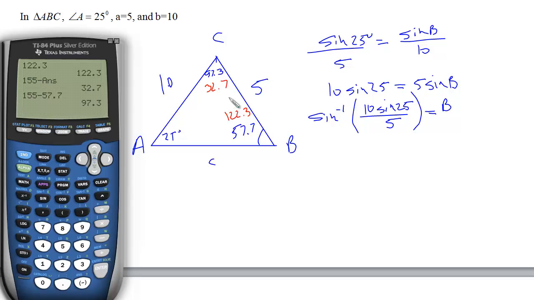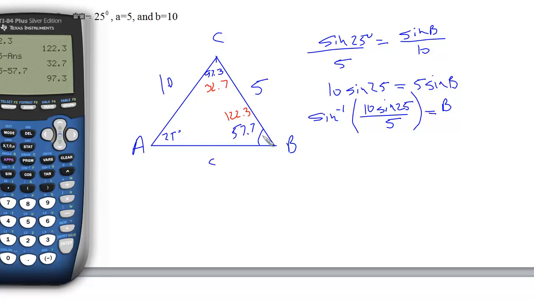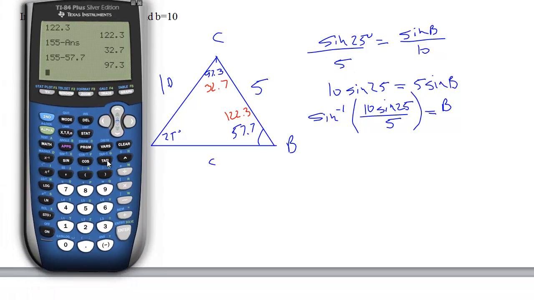So let's go ahead and find the missing side lengths, depending upon which angle this is. And since I found B here, I can verify which one of these it's going to be. I can do that essentially by using this ratio here, because it had better be the same. So if I know that the sine of 25 over 5 needs to be equal to the sine of B over 10, well, let's look.